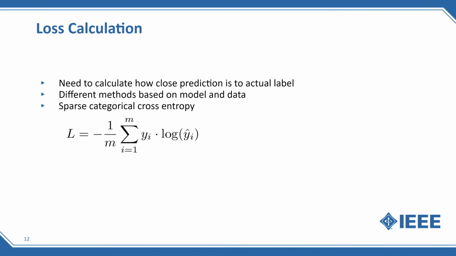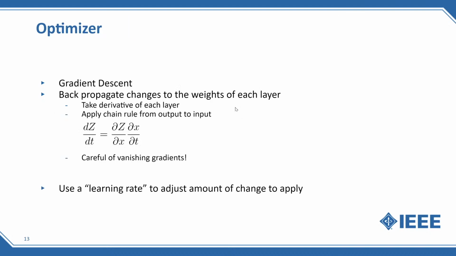I put the equation there, but the sense of it is that you multiply your expected value by the log of your predicted value, and you sum that up, and that's a loss calculation. And you want to minimize your loss. These loss functions are designed so that you want to minimize them as you optimize your network, and that will provide you with the shortest path to getting the right coefficients for your weight matrices and biases.